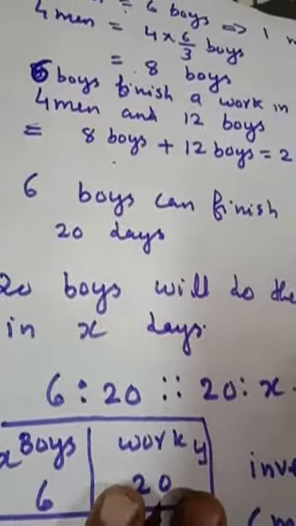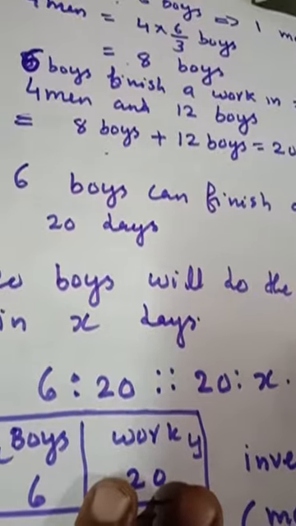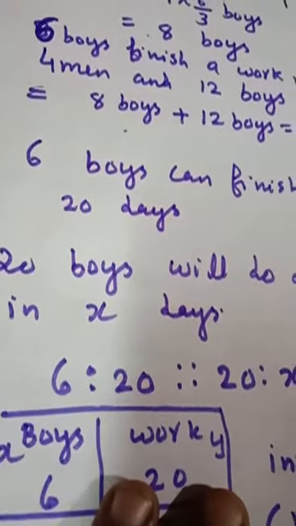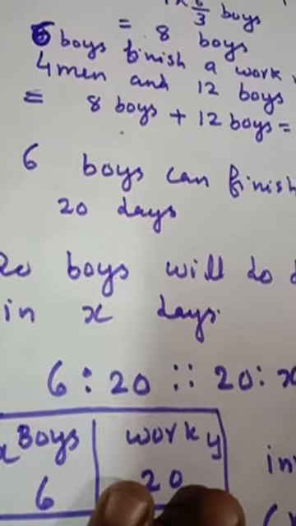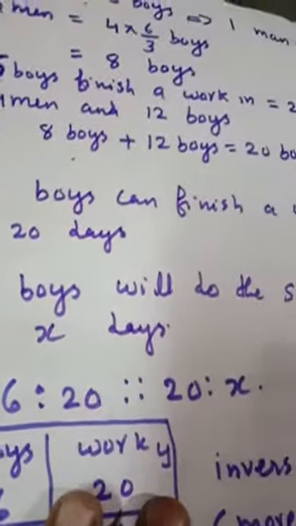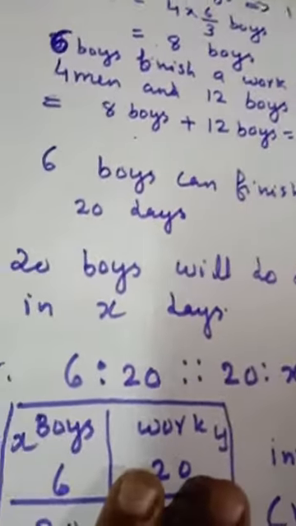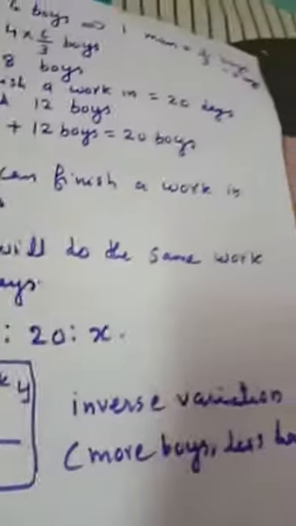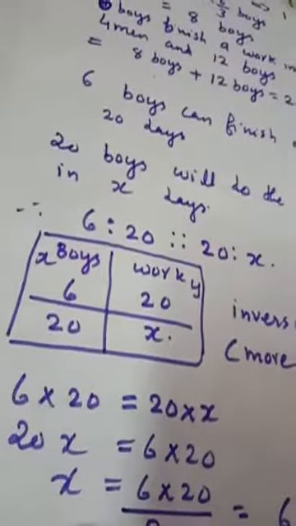So 1 boy, he needs more days, so it is inverse variation. So 6 into 20. So 20 boys can complete the work in 6 into 20 by 20. So what is the answer?